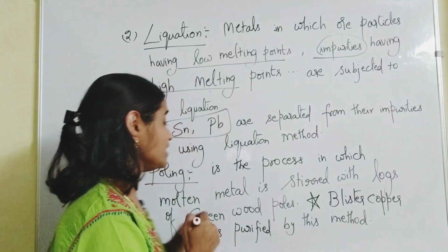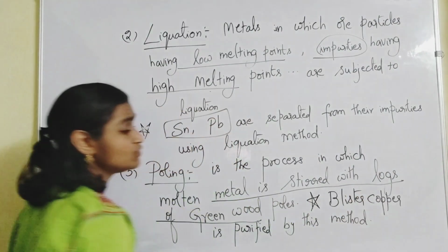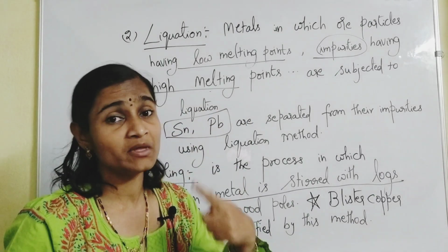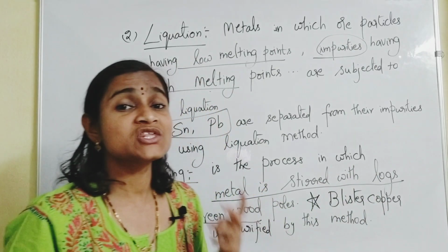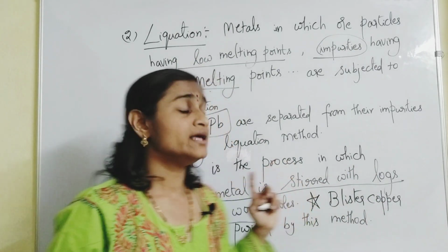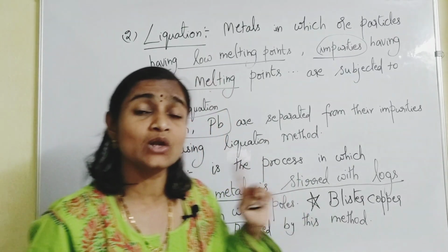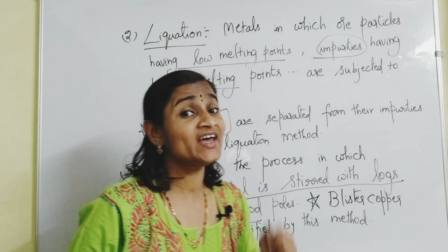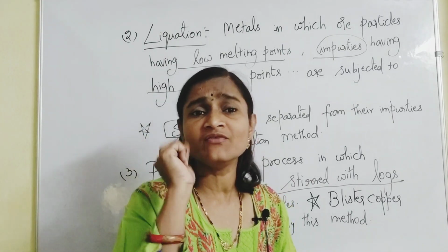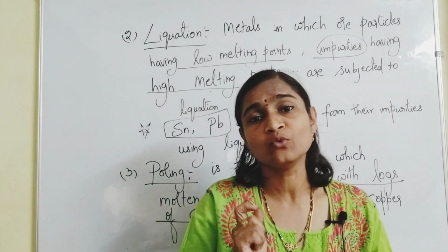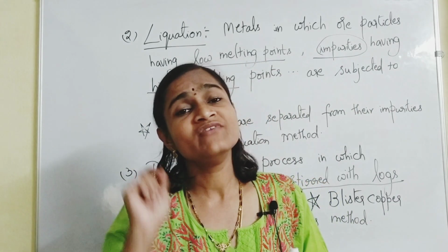Please remember this point. Why is this molten metal stirred with logs of green wood poles? You will get a question like that. They may not ask the definition, or they may ask, we can't say. The question will be: why, in case of poling, is the molten metal stirred with logs of green wood poles? To prevent oxidation. This is a very important question. Many times it is asked, and most children will not write the answer.